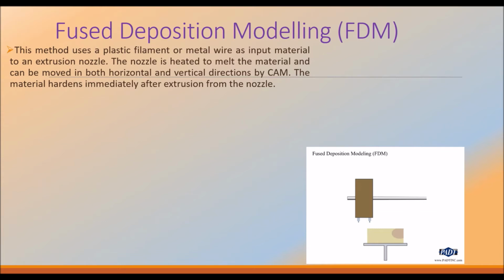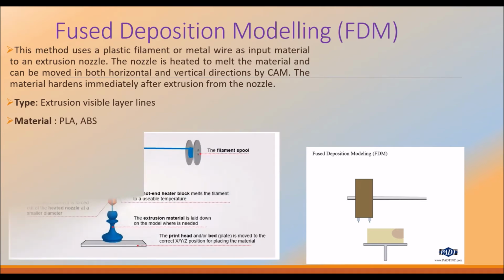The material hardens immediately after extrusion from the nozzle, and the type here is extrusion with visible layer lines, and the material used here is PLA or ABS.